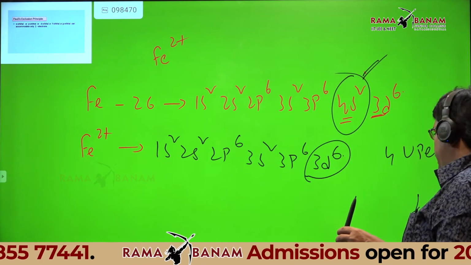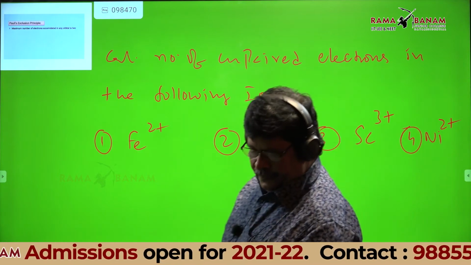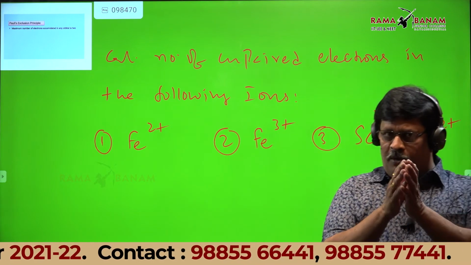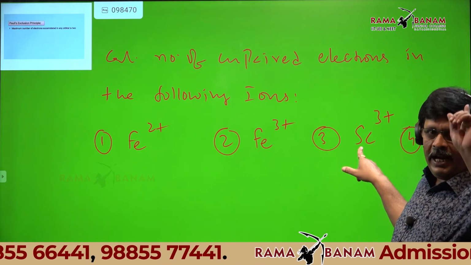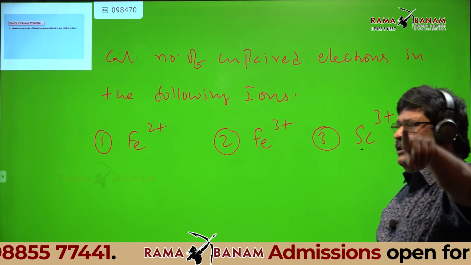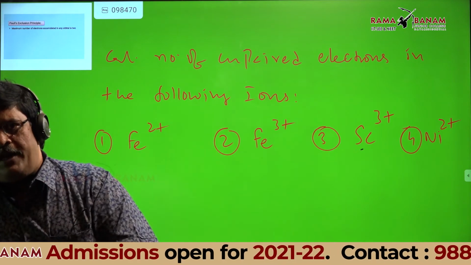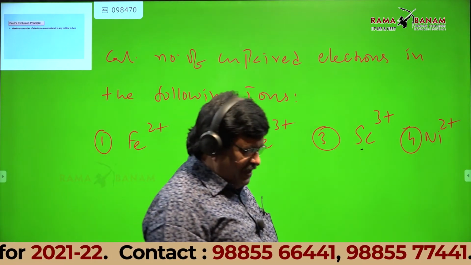Now this is the question given. You write the configuration of that particular atom first, and after that you decide how many electrons it loses. You remove that number of electrons and then see how many unpaired electrons are there in that. That's it.